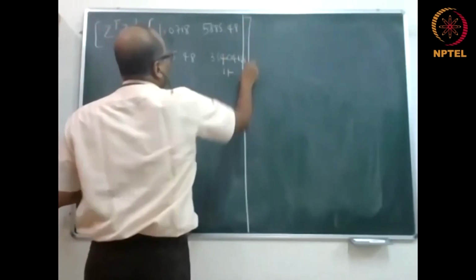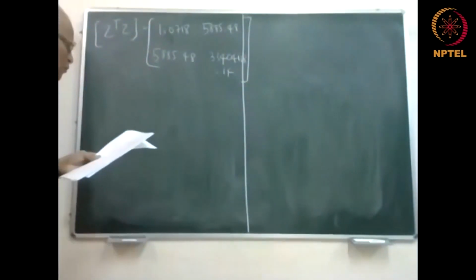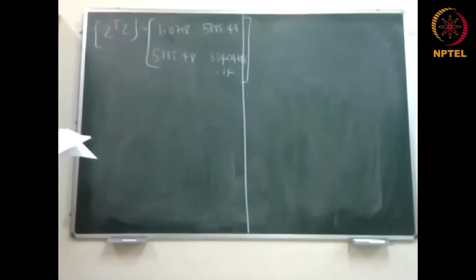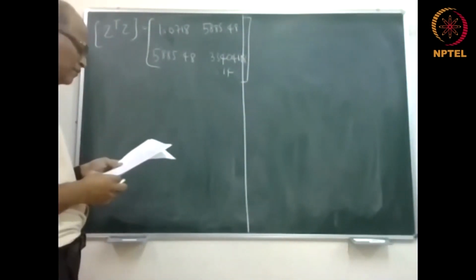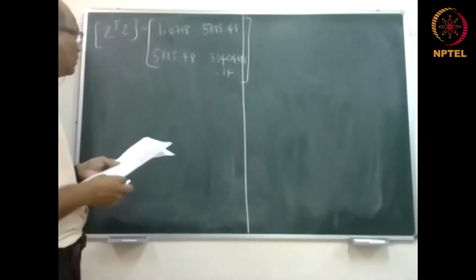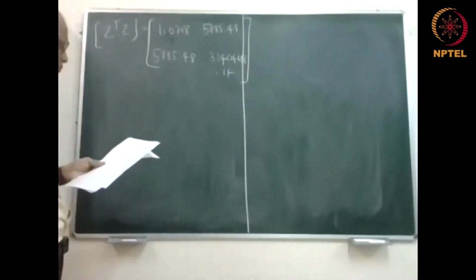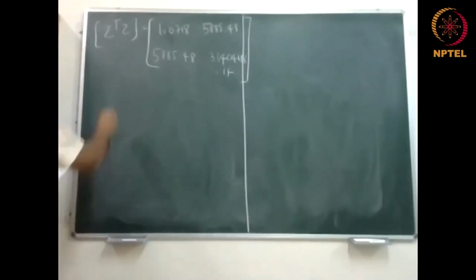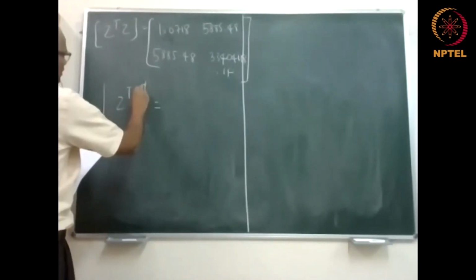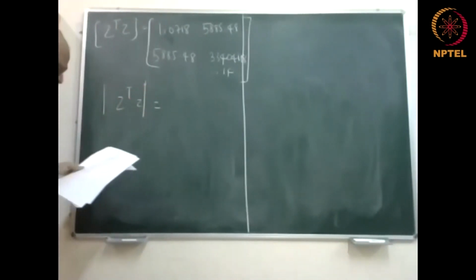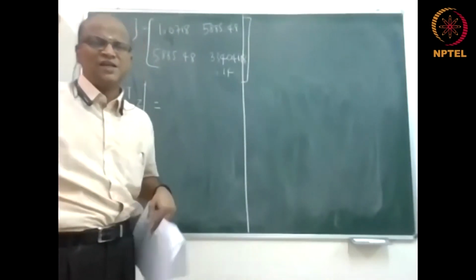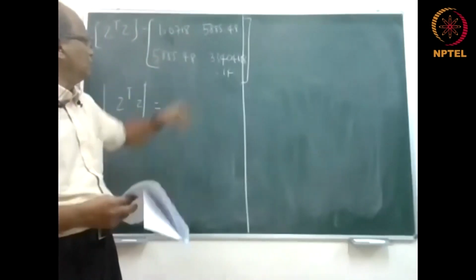It's very tricky. What is the determinant of this? Suraj, what is the determinant? Just take the calculator and calculate. Suraj or Rajesh, just calculate. What is the determinant of this?